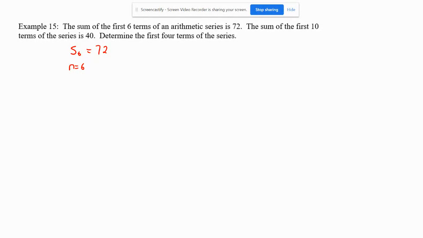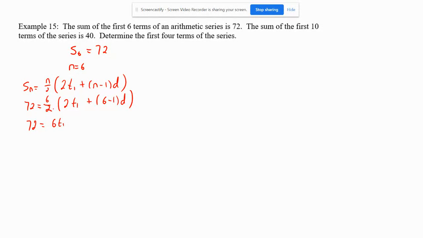Okay, and we have our formula. 6 over 2 is 3, times t1 is 6t1. 6 minus 1 is 5. 5d times 3 is 15d, like this.